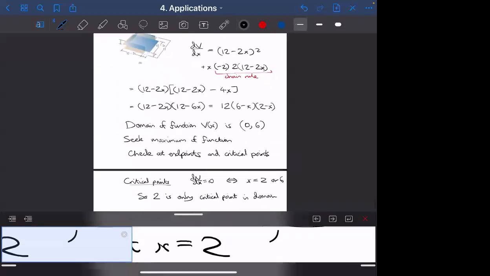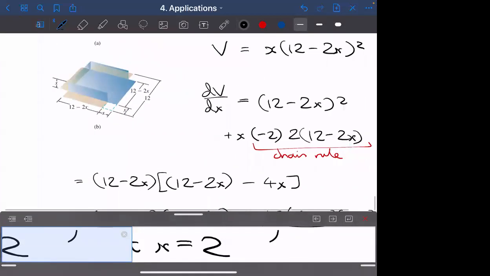Okay, so going back to the box, the box drawn here turns out to give the maximum possible volume. If you imagine x equals 2 in that case, that's the maximum volume of the box.